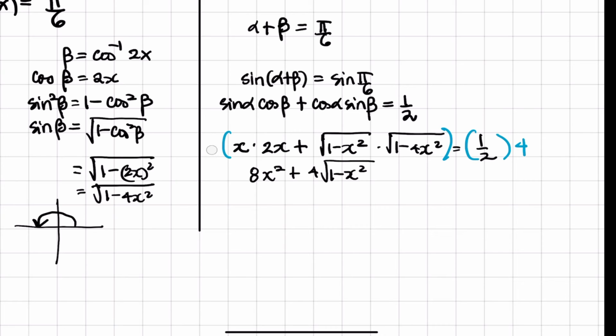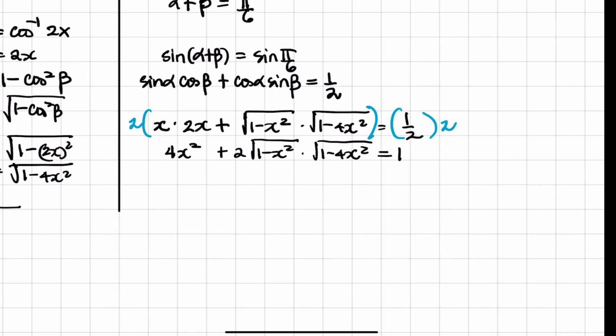It's not 4, it's 2. Pwede rin naman 4, hindi naman mamamali, pero inaalis ko kasi yung denominator. Unnecessary yung 4. So, 2 lang. Sige. Sorry, my bad. Okay, so meron tayong 4x square plus 2 square root ng 1 minus x square, 1 minus 4x square equal to 1.